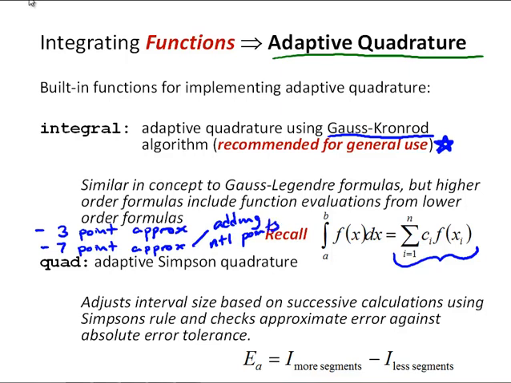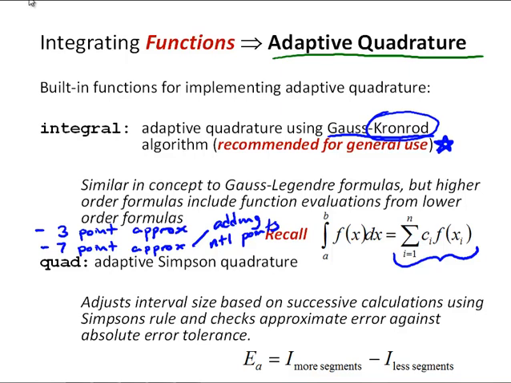And that 7-point approximation includes the same 3 function evaluations that the 3-point approximation uses. That's the key element of the Kronrod approach to Gauss quadrature: to get a 7-point approximation, we only need 4 additional function evaluations.